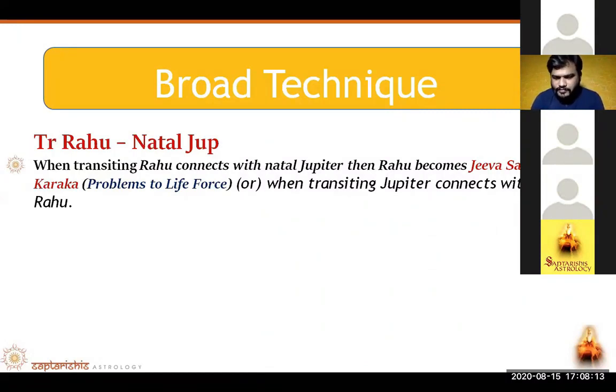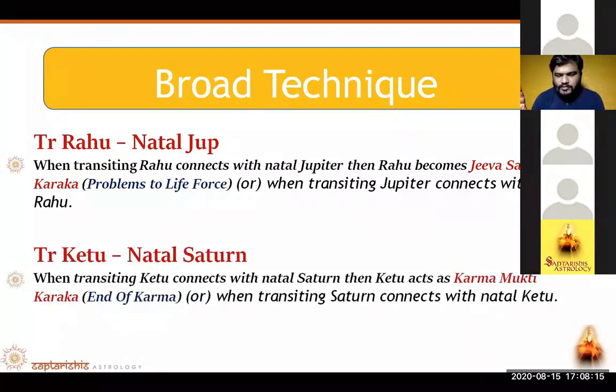Any one of these. Now the second technique is transit Ketu and natal Saturn. Whenever transiting Ketu connects with natal Saturn, then Ketu acts as a Karma Mukti Karaka. Saturn is a Karma Karaka and Ketu is a Mukti Karaka, so we can call it Karma Mukti Karaka, meaning the end of karma.